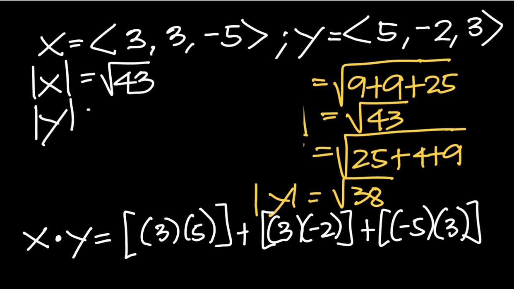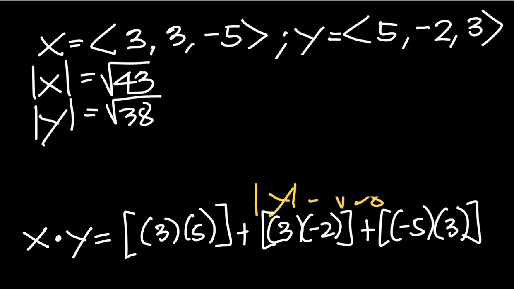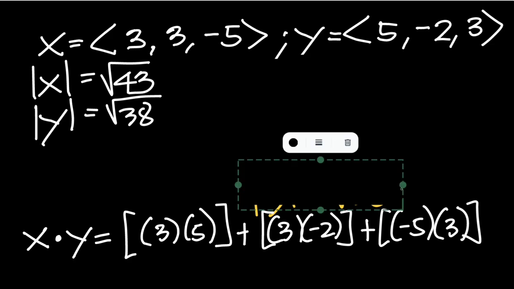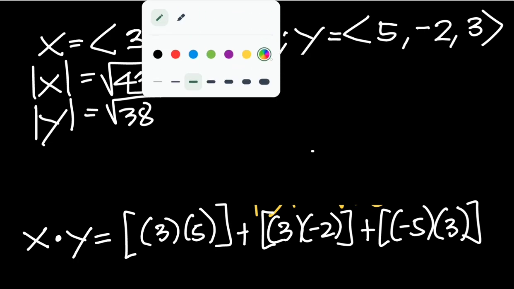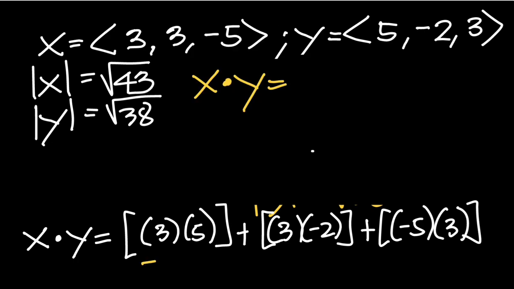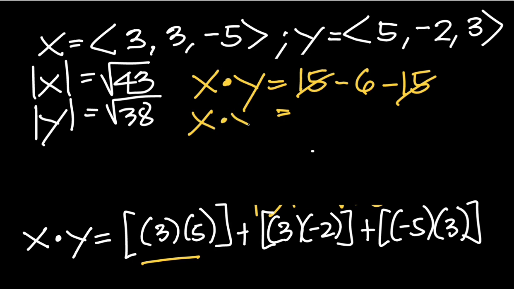Then the length of vector y, which is square root of 38. Alright, now we can get the dot product of vectors x and y. So this is just 3 times 5, that is 15, plus 3 times negative 2 is minus 6, plus negative 5 times 3 is negative 15. And this cancels out, so the dot product of x and y is just equal to negative 6.